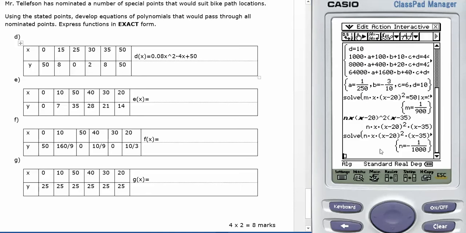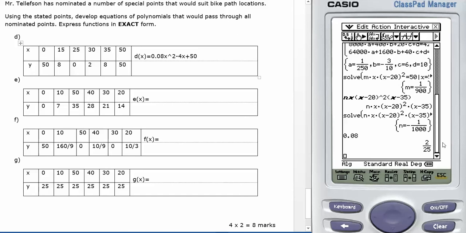I can see that I'm going to main and I type 0.08 and I'm in standard and I press EXE, that's 2 on 25, so I can go 2 on 25 up here if I preferred. So 2x to the power of 2 divided by 25 might be a preferred way of writing it. Okay, so that's the first one done.